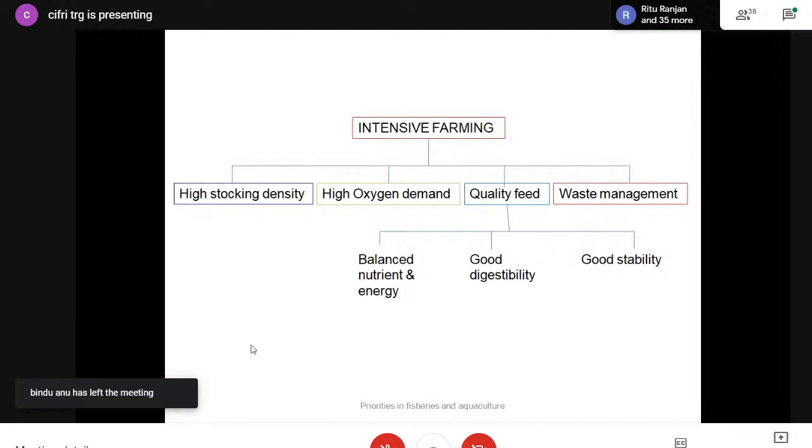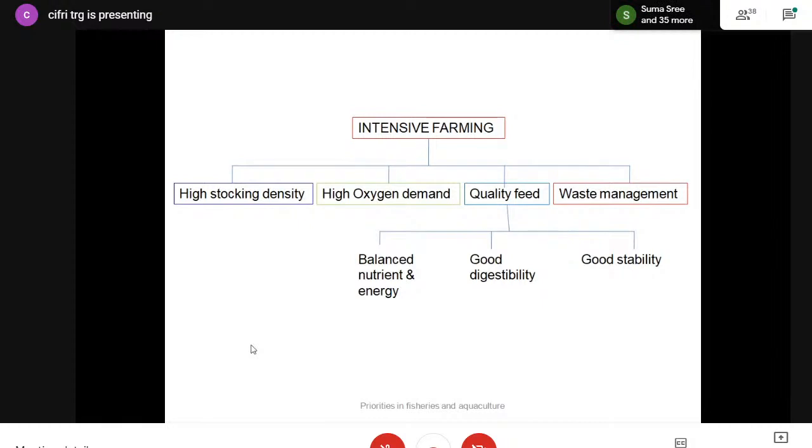It demands high stocking density. Then with high stocking density there will be high oxygen demand, and there you need a quality feed. Quality feed means it should include all the essential ingredients including the micronutrients, and there should be a perfect balance of energy and protein. Only then does that feed qualify as a quality feed.